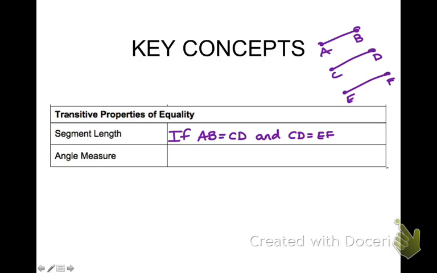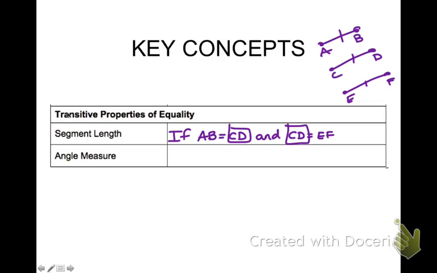If it's telling me that AB is the same length as CD, and CD is the same length as EF, well then isn't it true that AB and EF would also be the same length? Yeah, that's your transitive property. Notice, it's kind of like the law of syllogism. What is the length that they have in common? CD. So if you take out the length, what are you left with?